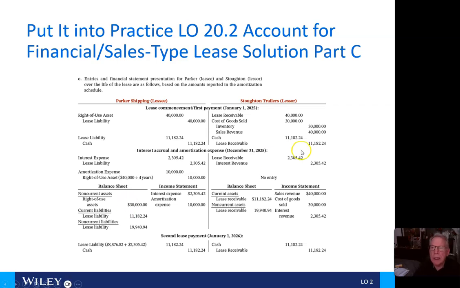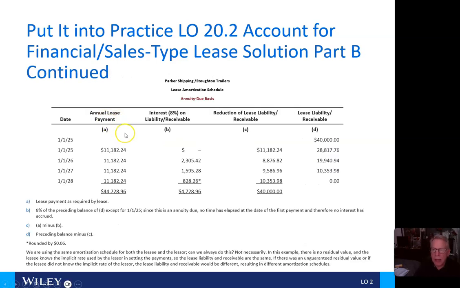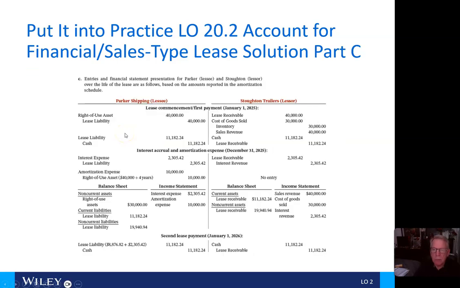So now, here are the journal entries. For Parker, they're going to debit right of use asset for $40,000 with a credit to lease liability for $40,000. And also a debit to lease liability for the annual lease payment here, and a credit to cash.